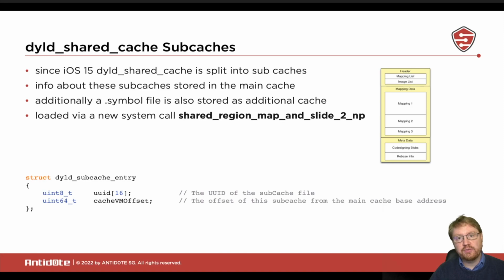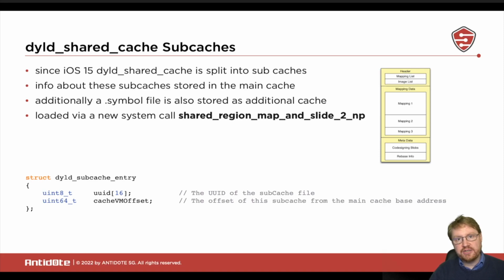And so this is one of the reasons why it makes sense to split one big mapping into smaller ones, because otherwise you cannot address certain things anymore, because the deltas become too big to fit into the relative addressing opcodes. And so that's one of the reasons why now the big cache is split into sub-caches.